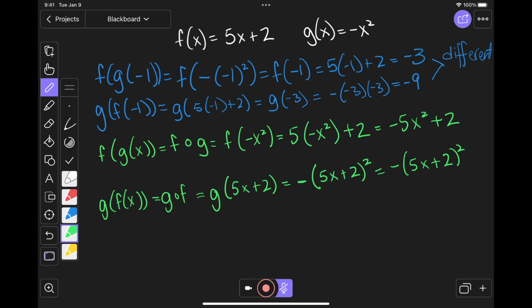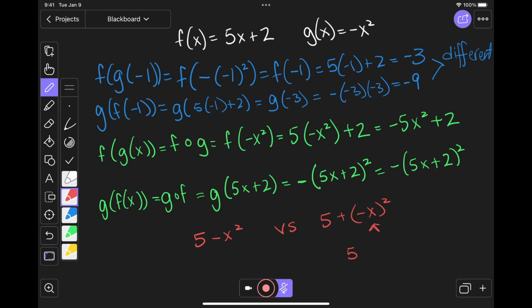I do want to go over one thing that people have trouble with, and that is this. If we have like a 5 minus x squared versus a 5 plus -x squared. In this case, the squared applies to the x, the negative sign, I'm sorry.